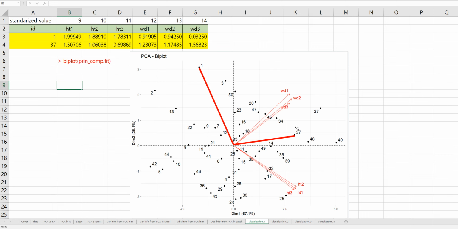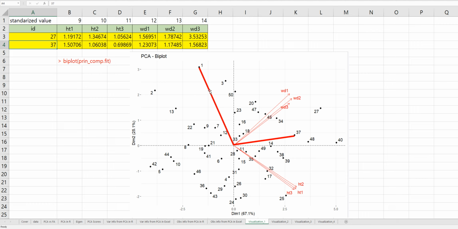However, if you focus on this number, observation 37, then it has a positive relationship with width and also a positive relationship with height, right? That's why it has positive values.